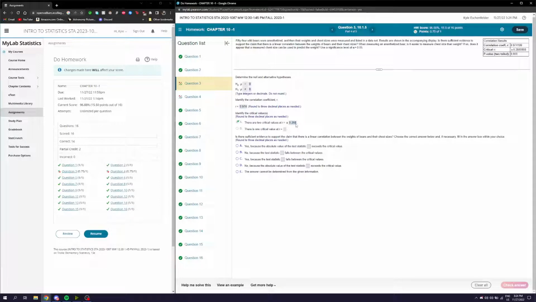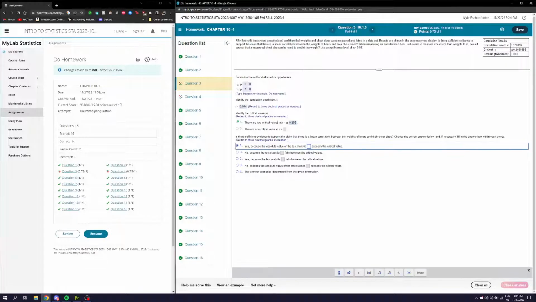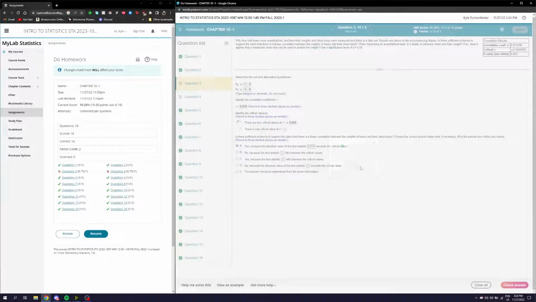So if it is greater than this or less than this number, you're going to have correlation. So yes, we have correlation because the absolute value of the test statistic, this, is more than positive 0.268. If this was negative 0.974, it would be the same answer because it still exceeds this value that is in between. So we're going to put that in. 0.974. Okay.